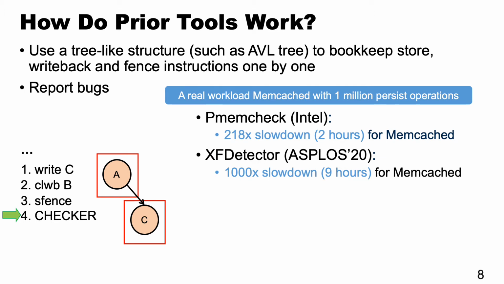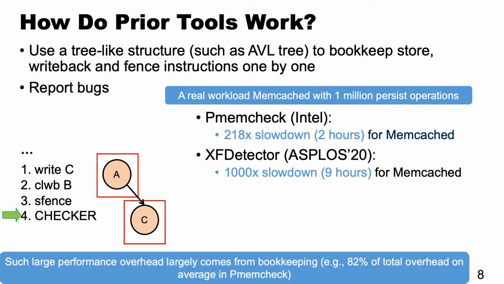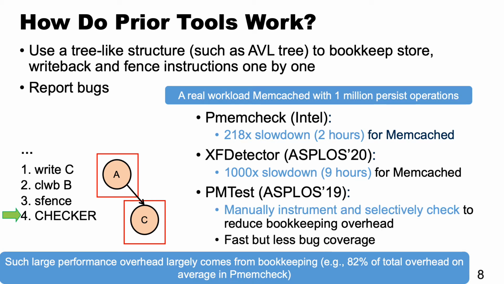As a result, to debug memcached with 1 million persistent operations, prior tools such as Intel's pmemcheck cause 218 times slowdown, and XFDetector causes 1,000 times slowdown. Such large performance overhead largely comes from the bookkeeping, 82% of total overhead on average in pmemcheck.